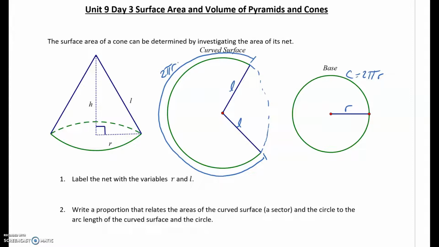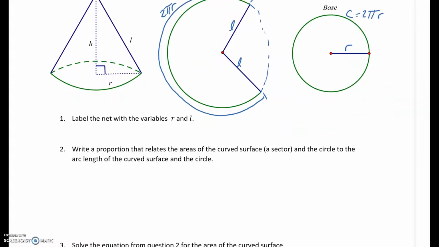Okay. Now, it says in number 2, that we've labeled everything here, write a proportion that relates the areas of the curved surface of the sector, so that's the one up here. So area of, we'll just say the curved surface, over the area of the circle. Now we're talking about the full circle that the curved surface is a portion of. So this is the area of the full circle.